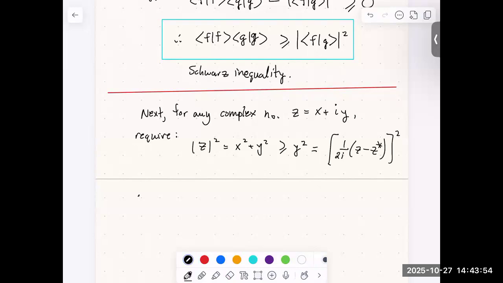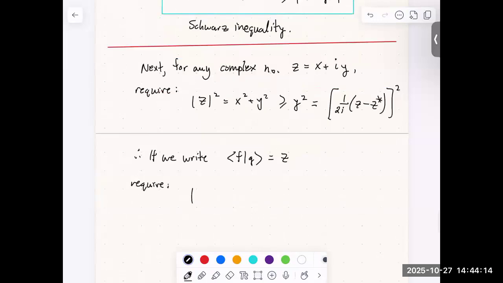Okay. So therefore, if we write this inner product with just some number, could be a complex number, if we say that that's equal to z, then we require that this has to be greater than or equal to, well, this y squared is like this. So it's 1 over 2i.